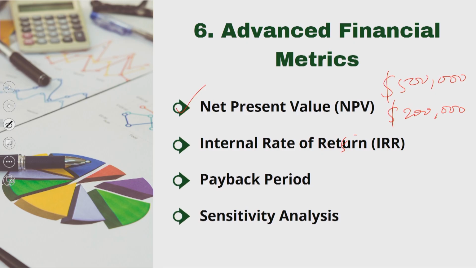So using a 10% discount rate, the NPV calculation would discount each future year's benefit. So year one benefits worth, let's say you do the calculation, you will get around 181,818 in present value US dollars.